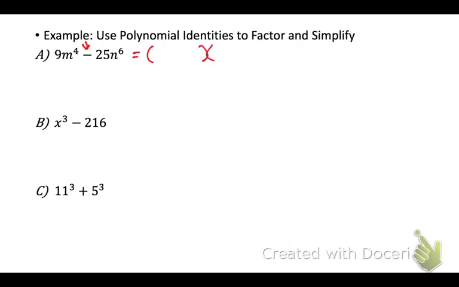We would factor to 3m squared, so I'd put that in both of them, right? And one's plus and one's minus. 5n cubed. So can that save you a lot of time? Unfortunately, they're not that easy, right?